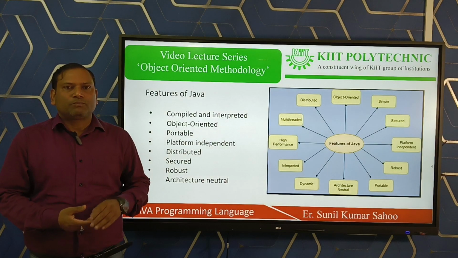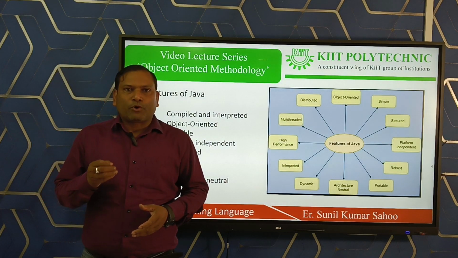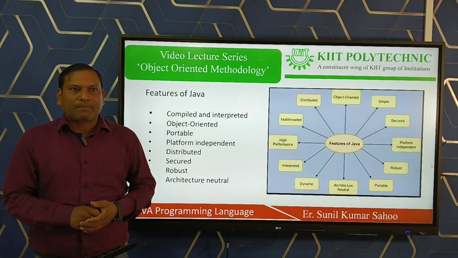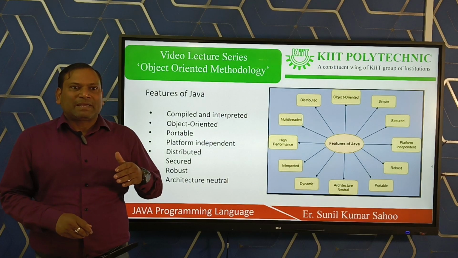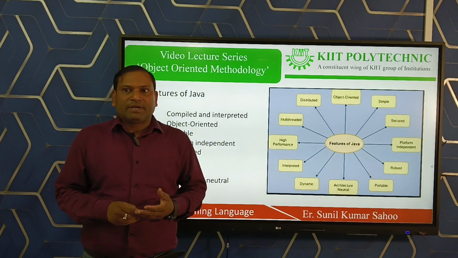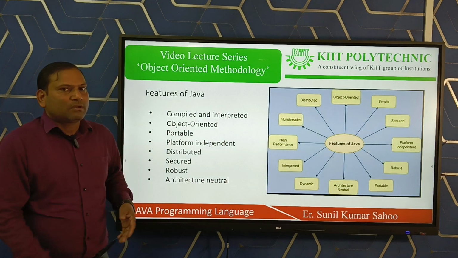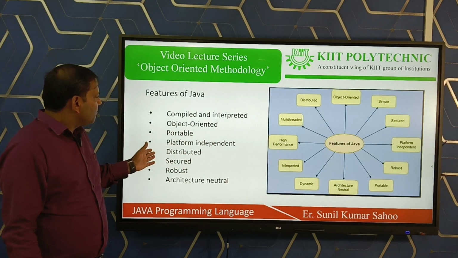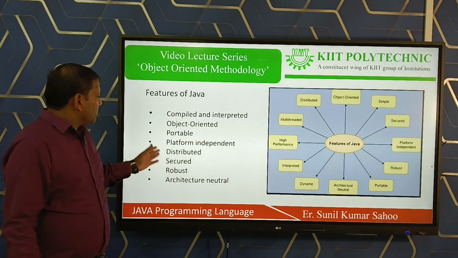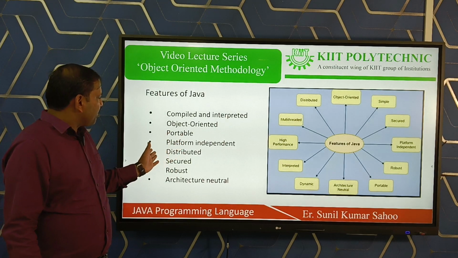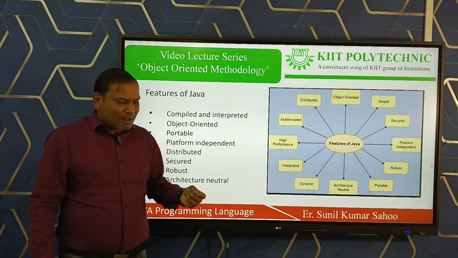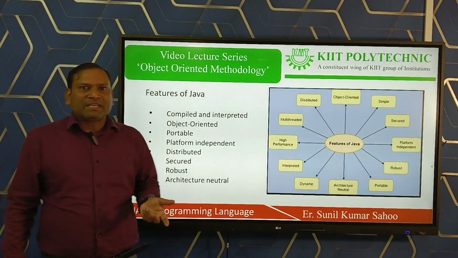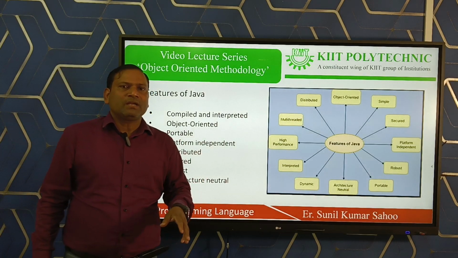Portable means one program can run in any operating system. Platform independent. Portable and platform independent are the same thing. A program written in one operating system can run in another operating system.